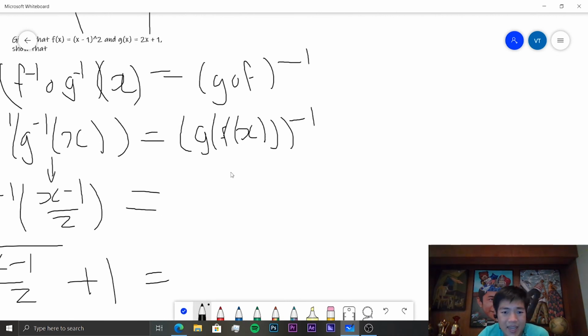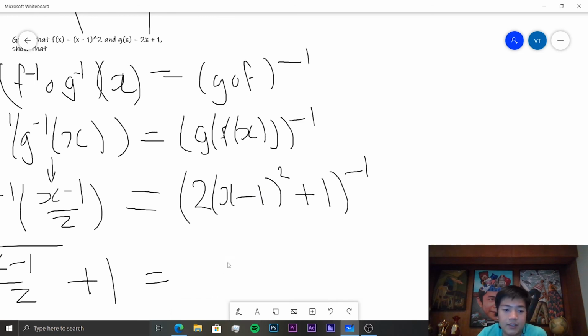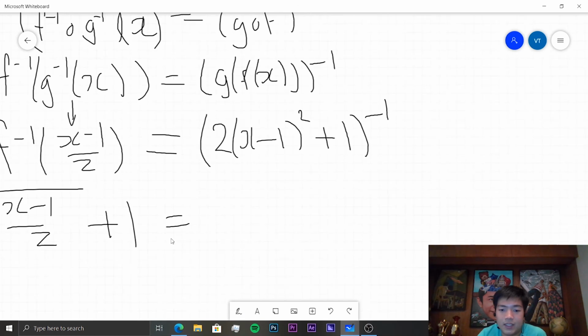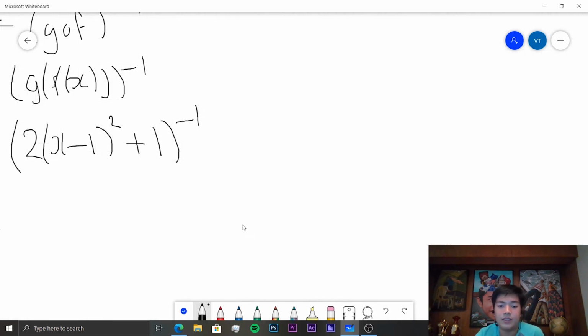So f of x is x minus 1 squared, and g of x is 2x plus 1. So we know this is going to be equal to 2 times x minus 1 squared plus 1. And so we need to find the inverse of this function. Well, this would be swap x and y.